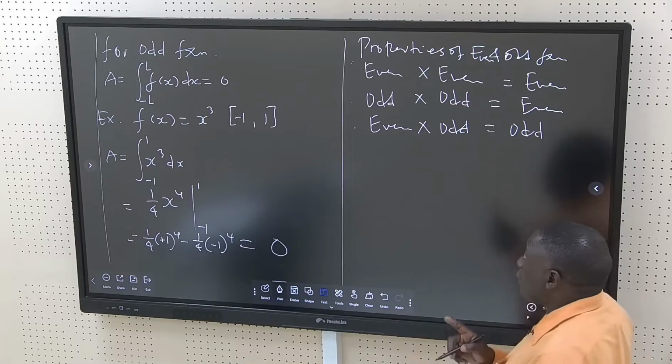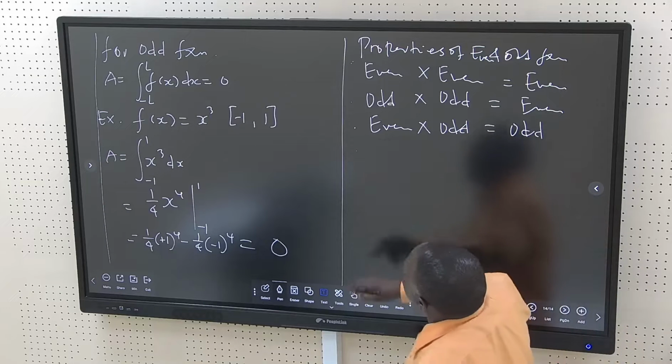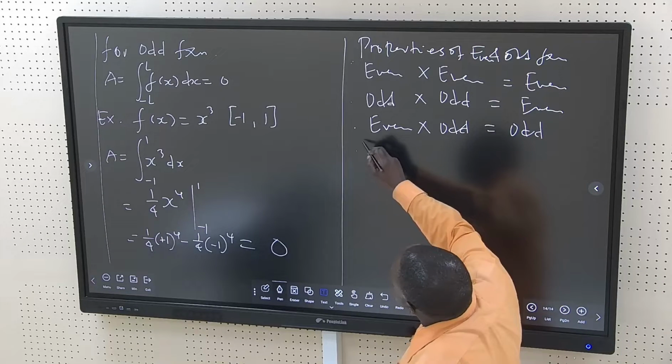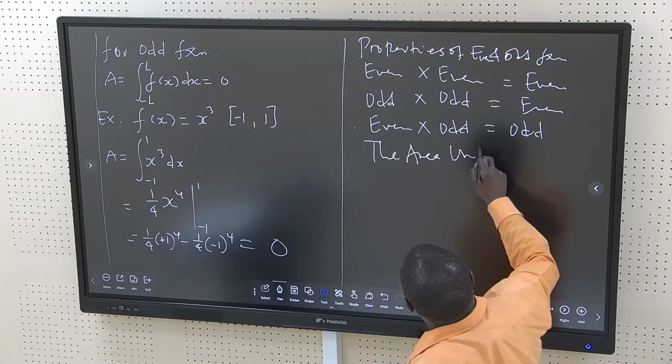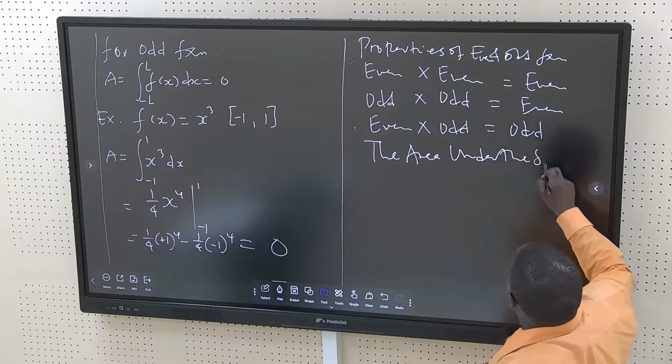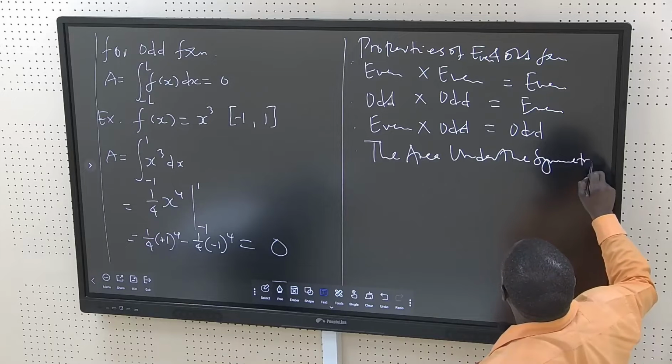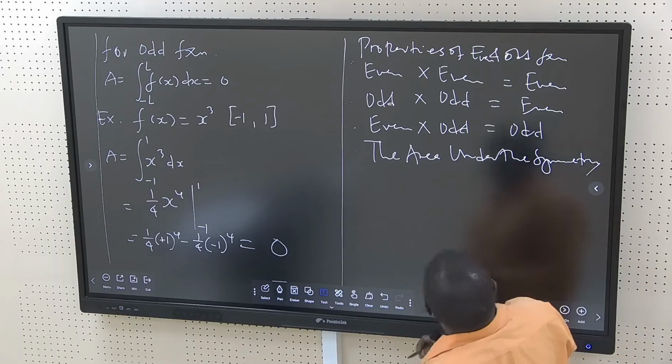Now we have another property added, that is the area under the symmetric region, or under the region of symmetry.